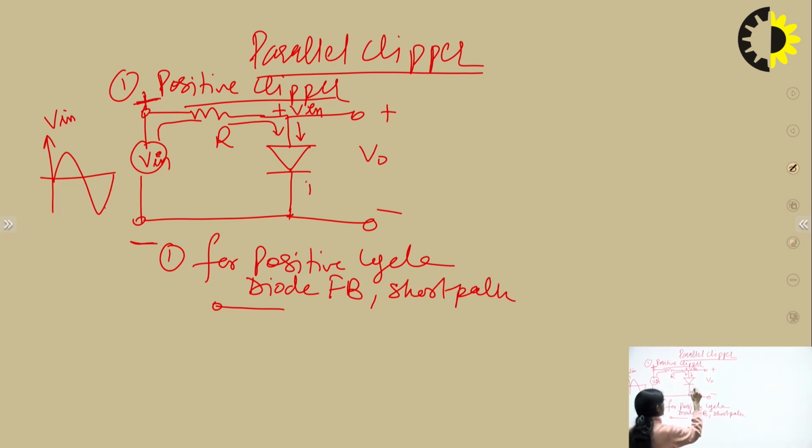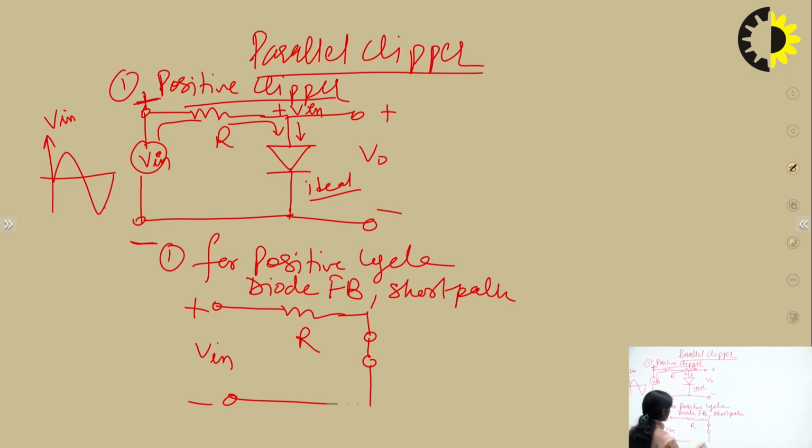If we take this as an ideal diode, in this condition it is working as a short path. If we again see the arrangement here, this resistor R is coming here and this diode is shorted. We take the output across this parallel diode.